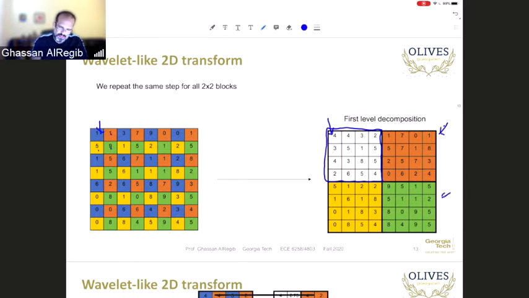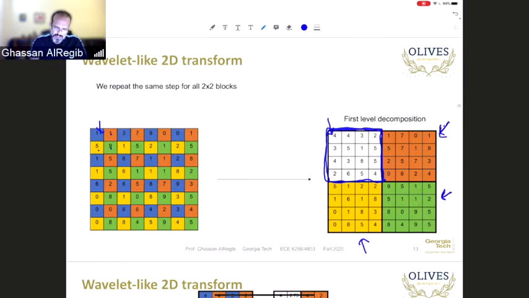So now, on the left-hand side, I have an 8 by 8 image. On the right-hand side, I have an 8 by 8 decomposition. So where is the saving? The saving happens because the first 4 by 4 is really the approximation, the average, and then the other ones are the detail.